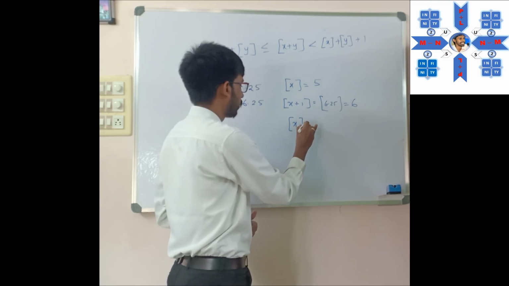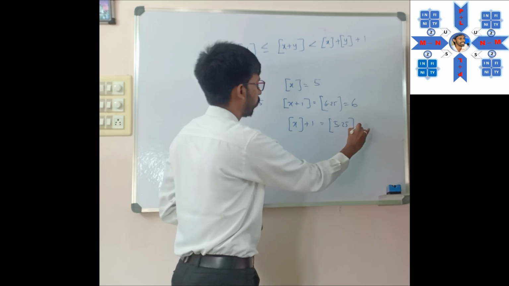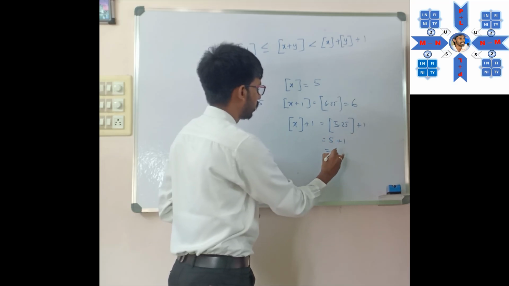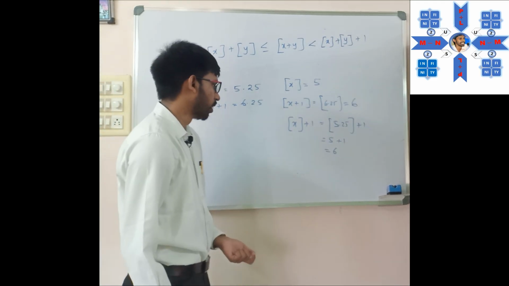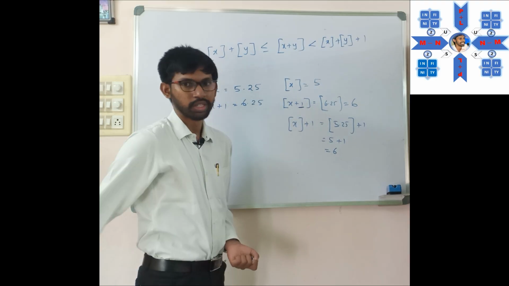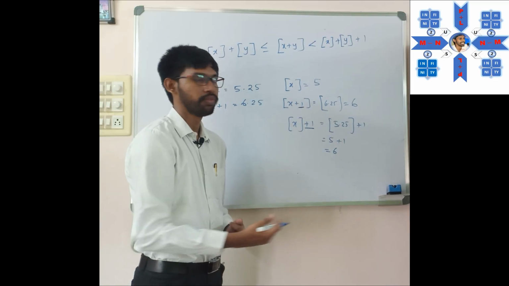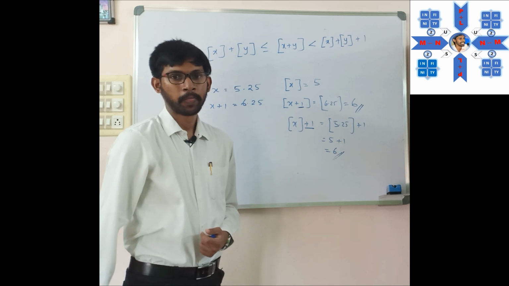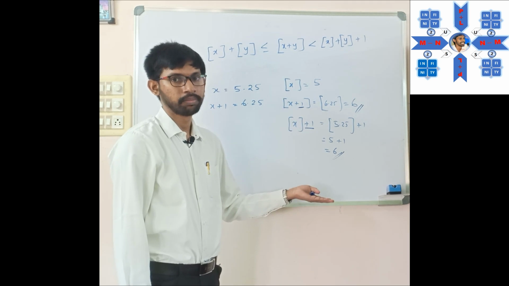Greatest integer function of x plus 1, that is 5.25 plus 1, that is 5 plus 1, which equals 6. So whenever we deal with greatest integer function, including an integer within the function or leaving it after the function, the answer doesn't change. It need not be 1, it can be any integer, a proper integer.